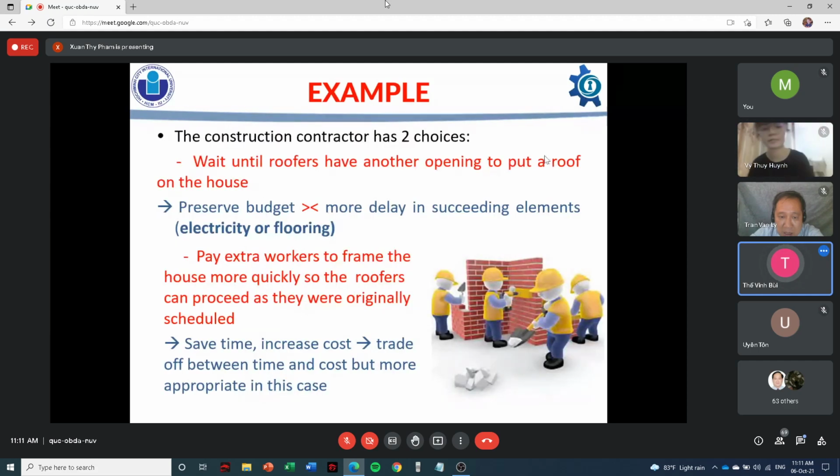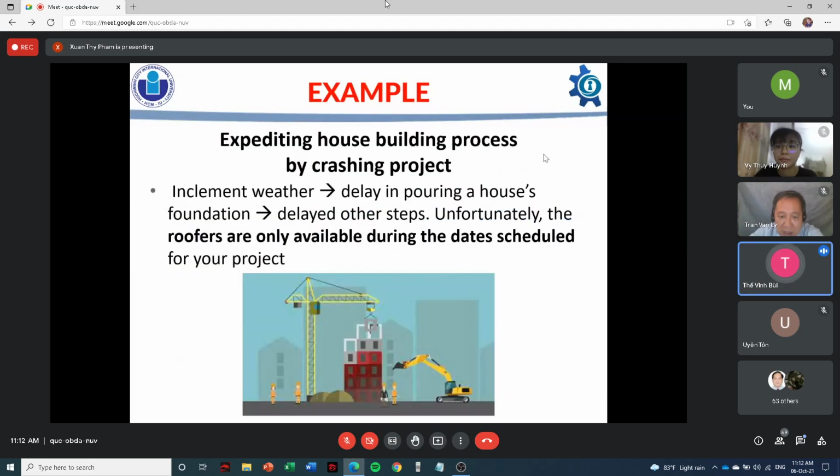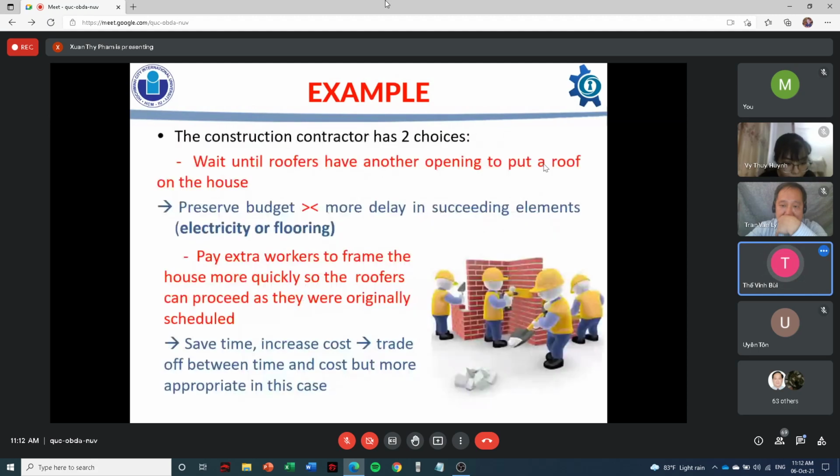Unfortunately, they have many problems. The roofers are only available during the scheduled days for your project. I can explain it like this: a construction contractor might choose to employ a different type of project tracing. Element weather causes a delay in pouring the house foundation, which subsequently delays each step.